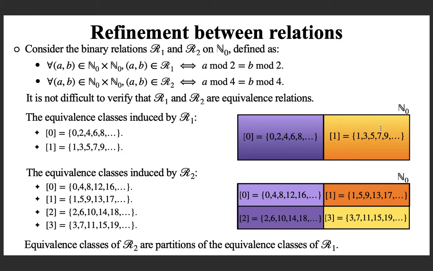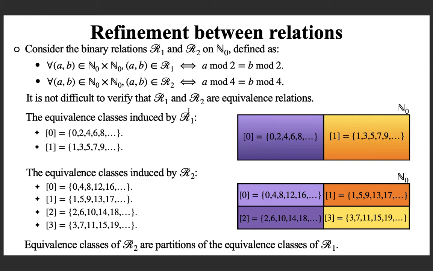That means whenever R2 refines R1, the number of equivalence classes induced by R2 will be more than the number of equivalence classes defined by R1, whenever R2 is not identical to R1.